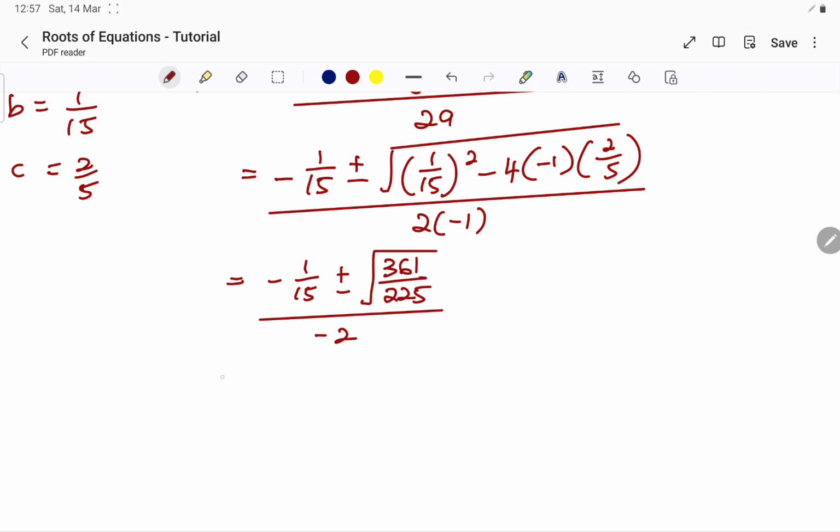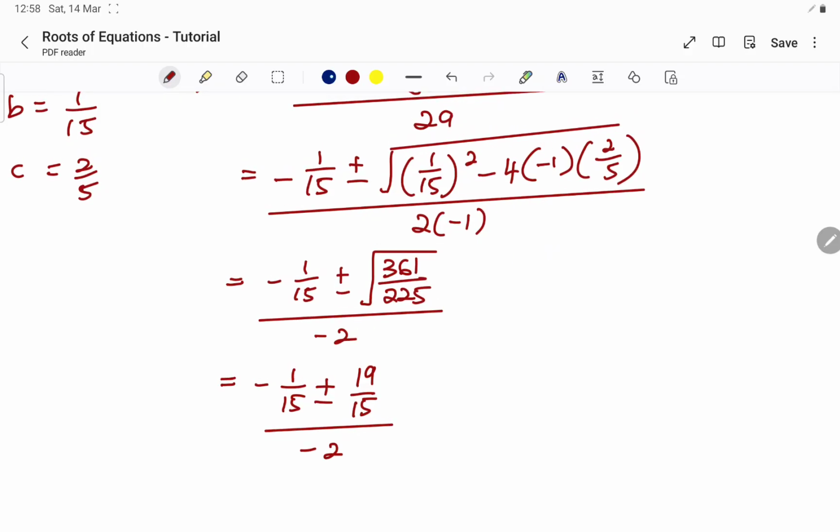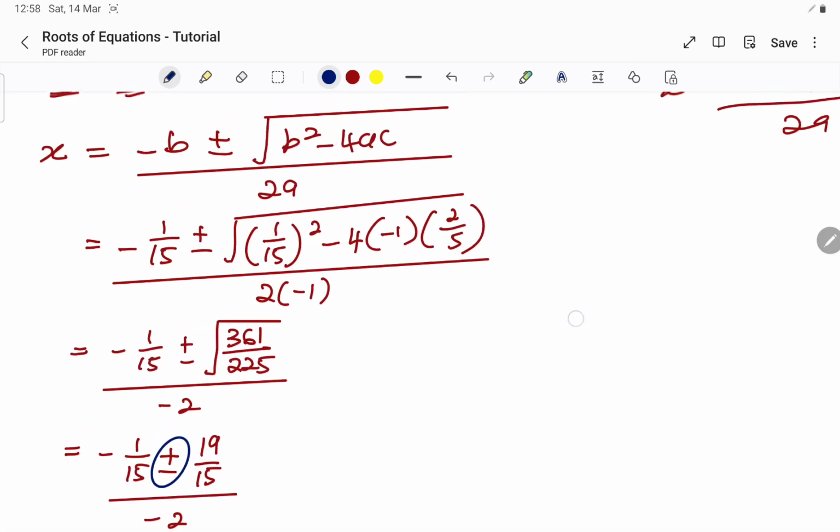Now we continue. You're going to get negative 1 over 15 plus minus 19 over 15, divided by negative 2. Since we have plus minus, we can actually separate them.